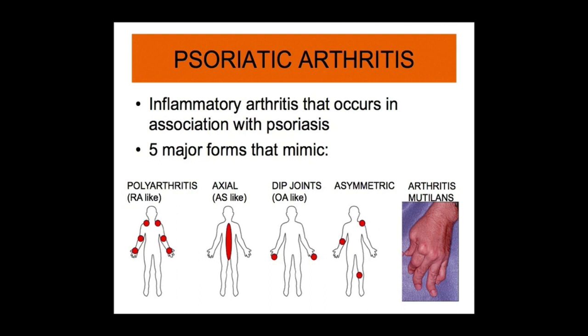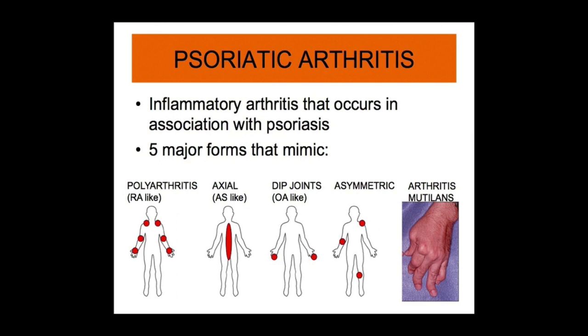The last seronegative arthritis is called psoriatic arthritis, and this is an inflammatory arthritis that occurs in association with the dermatological problem of psoriasis. There are 5 major forms of psoriatic arthritis, and luckily 3 of them mimic the other arthritides. The first one is polyarthritic, which is very similar to rheumatoid arthritis in that it affects the small joints of the hands, the elbows, and the shoulders, and often it is symmetrical.